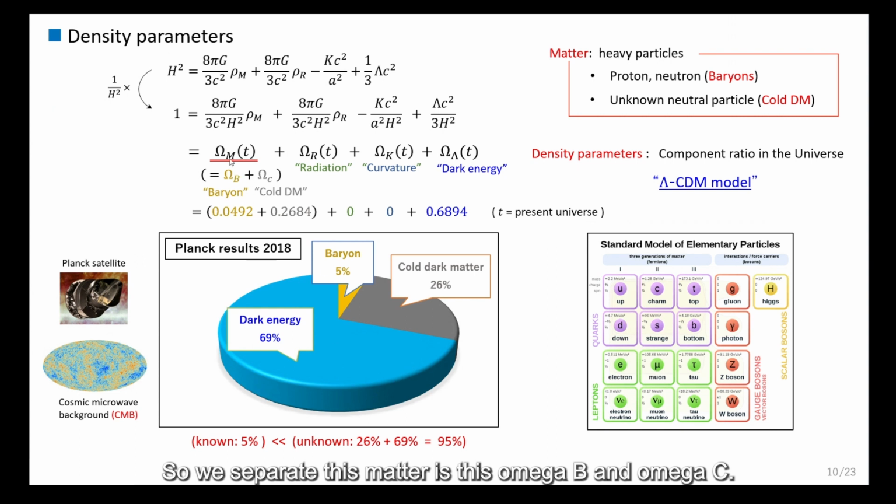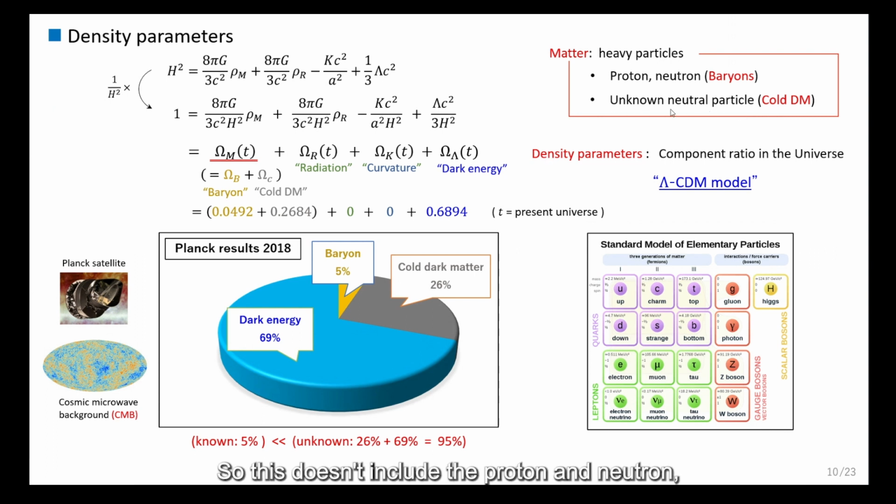We separate the matter into omega B and omega C. Omega B is called the baryon component, and here baryon means the proton and neutron, so it is well-known matter. And omega C is called dark matter, which means an unknown neutral particle.